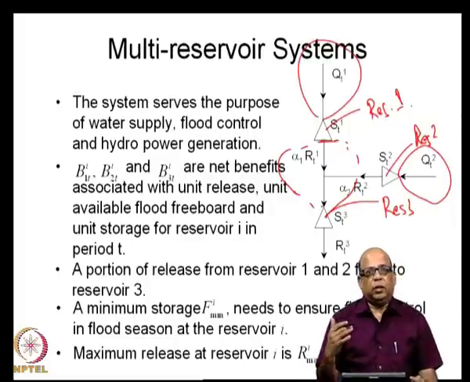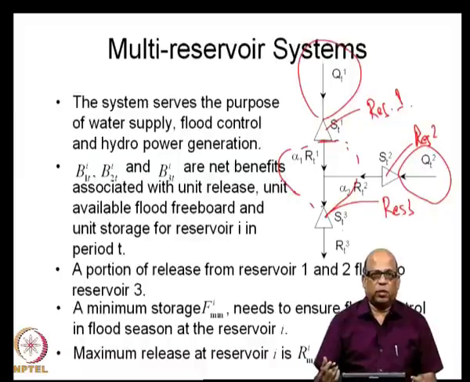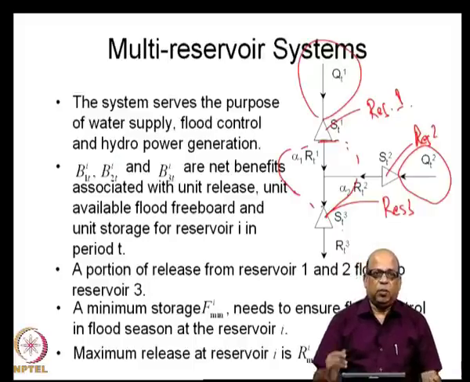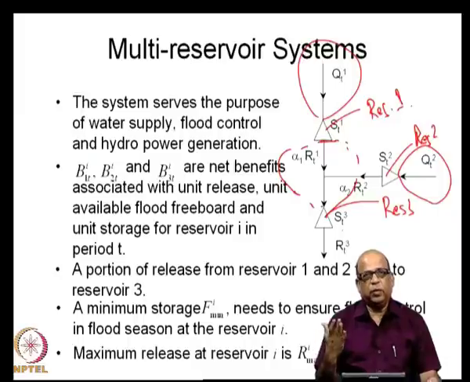Then the release that we are making from each of these reservoirs is limited by the canal capacity itself or the river capacity and so on. So, you may put a higher bound on the release that is to be made from the reservoir. So, these are the conditions. One is that you want to meet the hydropower to the best extent possible, you want to maximize the power that is generated.